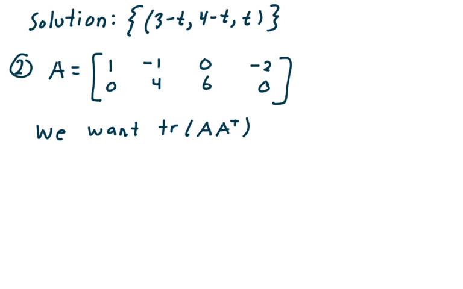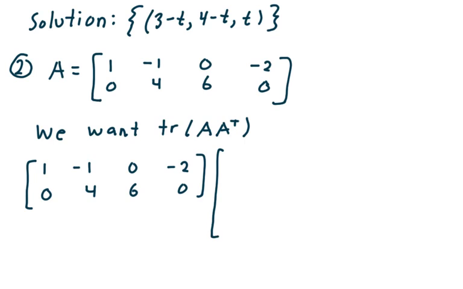This one's pretty good. We're going to take the matrix 1, negative 1, 0, negative 2, 0, 4, 6, 0, and multiply by A transpose: 1, 0, negative 1, 4, 0, 6, negative 2, 0.